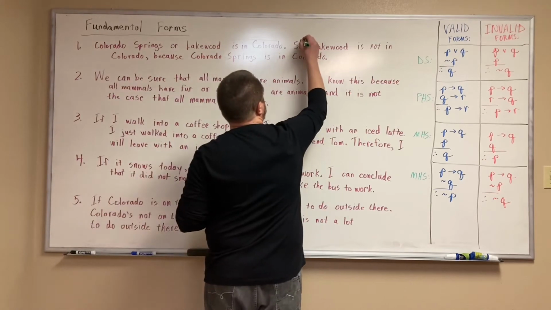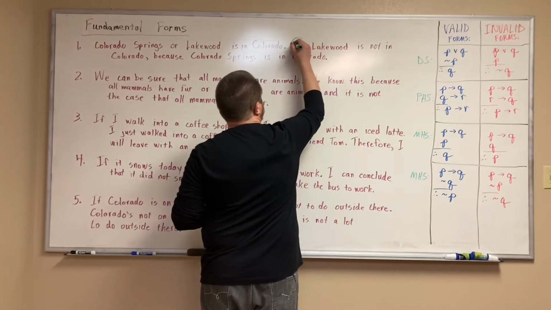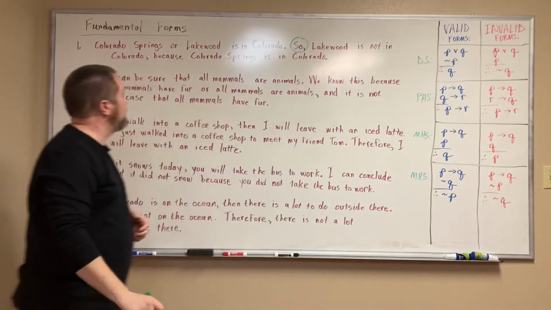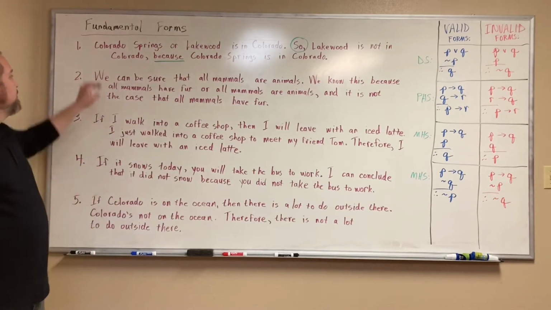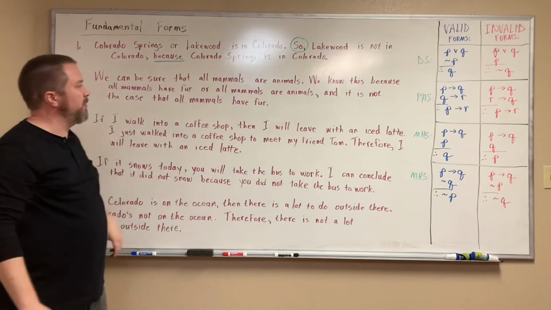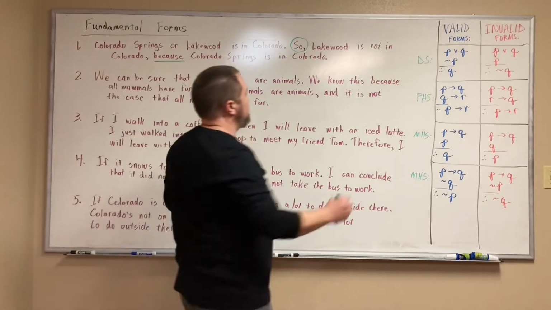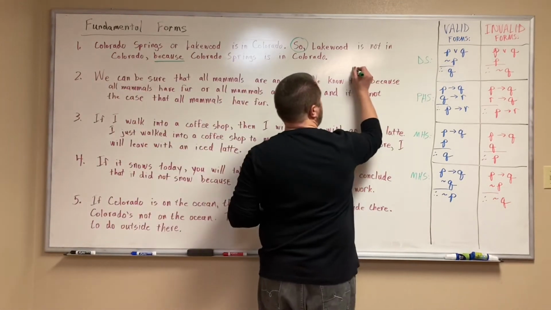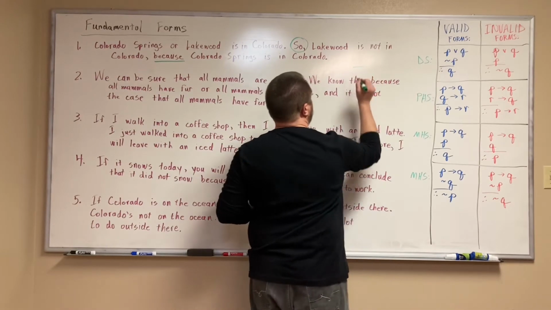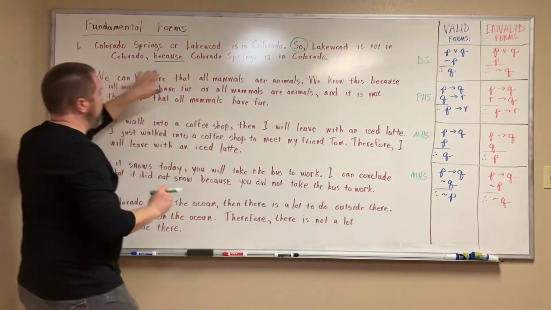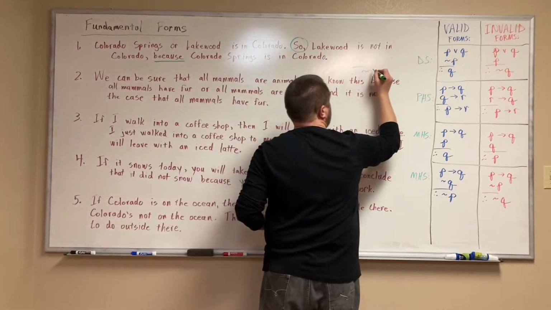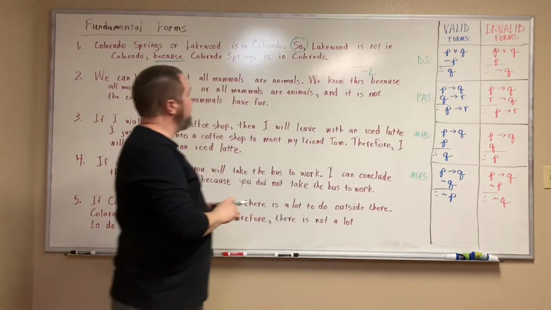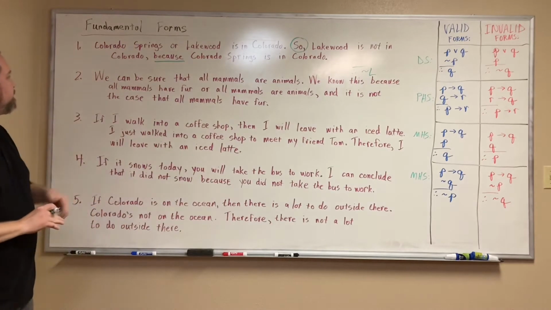Let's identify, so would be our conclusion indicator, because is a premise indicator, so we know the first and the last statement are going to be premises. So let's fill in, I'll just use this, it's a little tight, but our conclusion is going to be Lakewood is not in Colorado. So let's say tilde L, so not L, that's our conclusion.